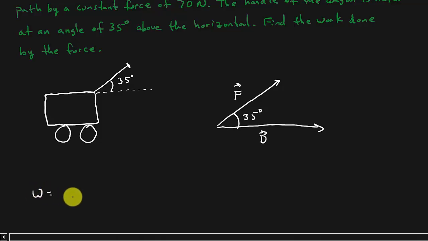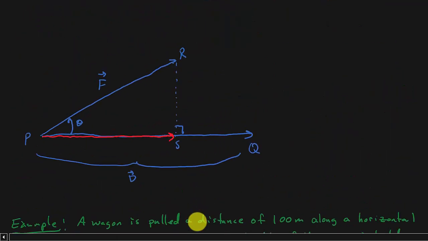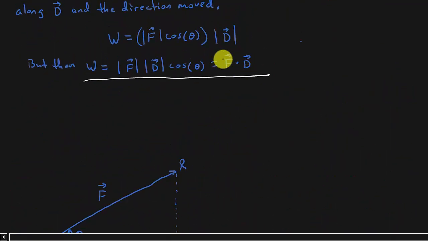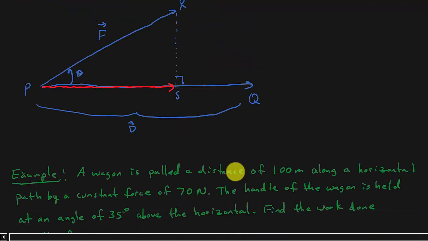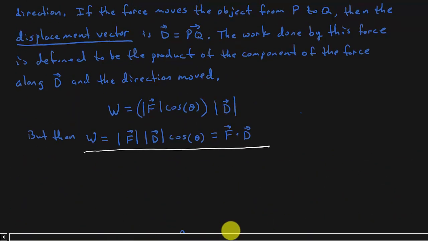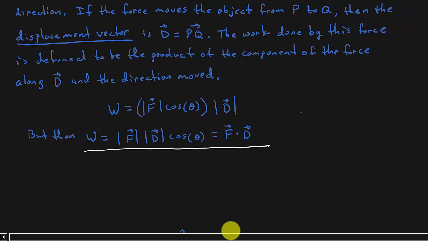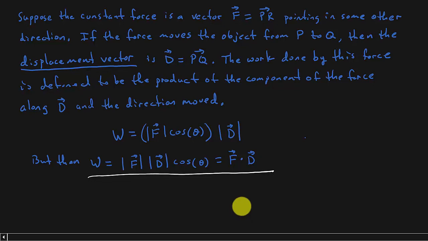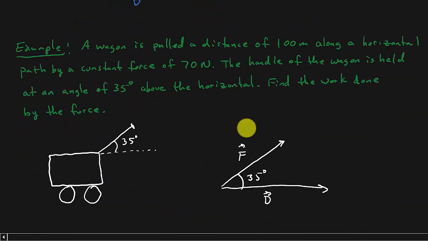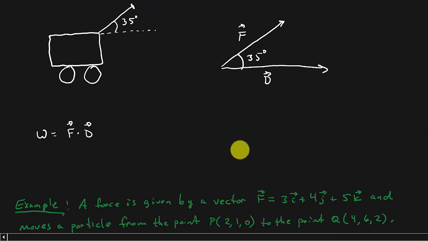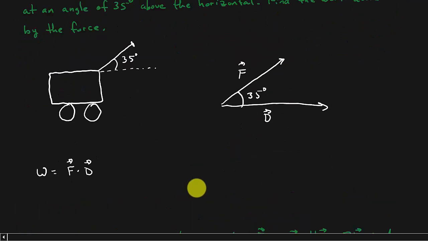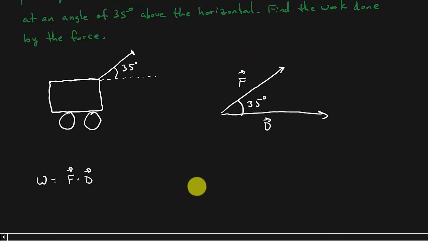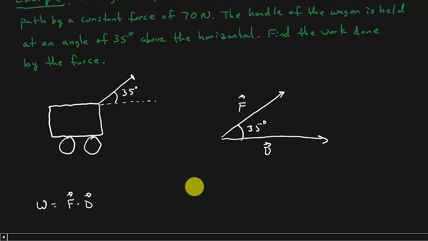So I know work is equal to the dot product of the force and the distance, or the displacement vector. Well, look at that.